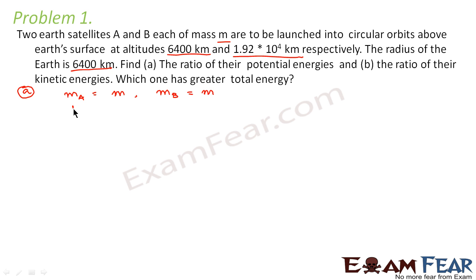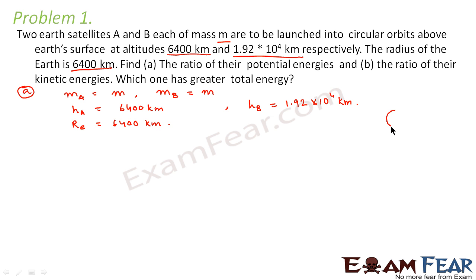That means the height for A is equal to 6400 kilometers and the height for B is equal to 1.92 × 10^4 kilometers. Now radius of the Earth, that is RE, is equal to 6400 kilometers. So we have to find out the ratio of the potential energies.